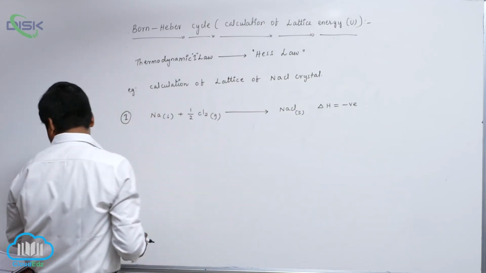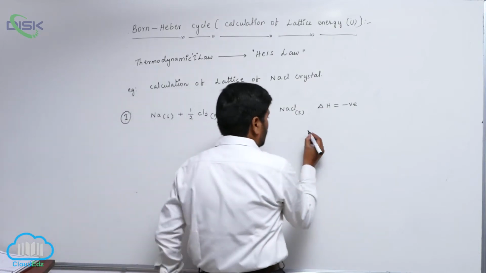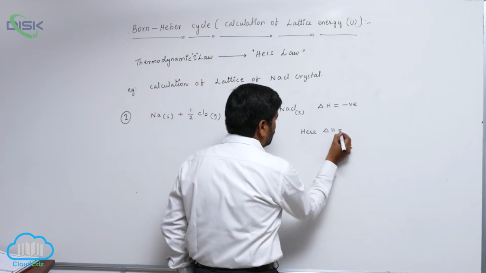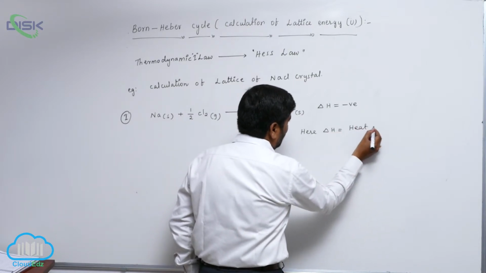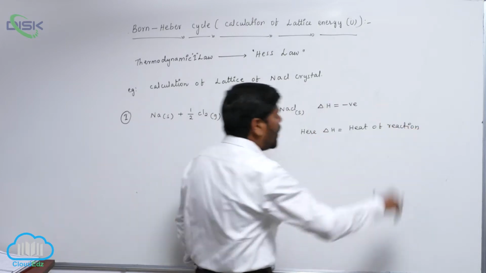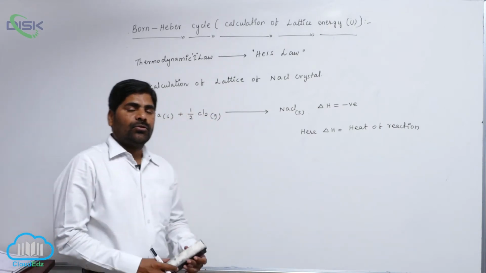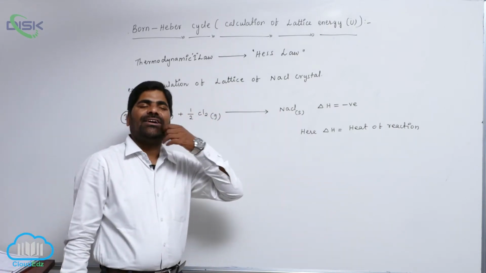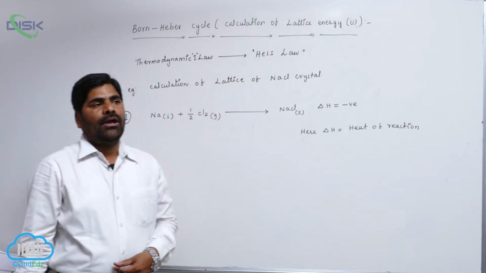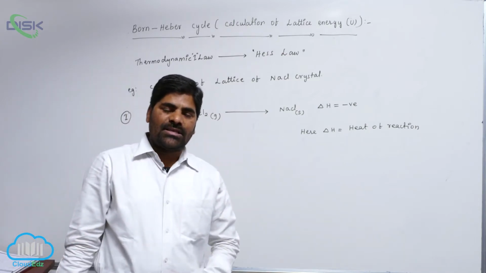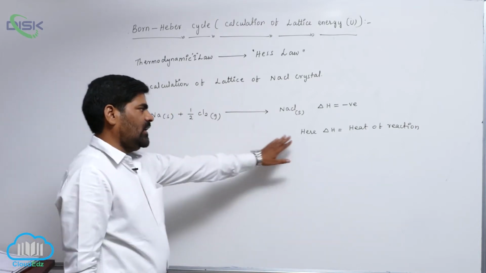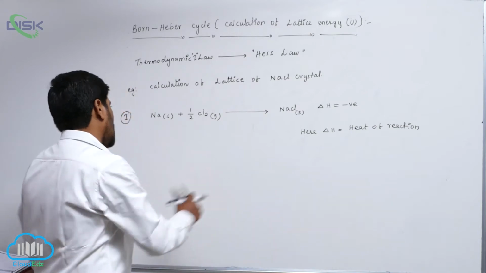Here delta H equals heat of reaction. The Born-Haber cycle works on the basis of Hess law. If energy is released in one step or multiple steps, it is always equal to the sum of the energies. So here delta H equals heat of reaction.